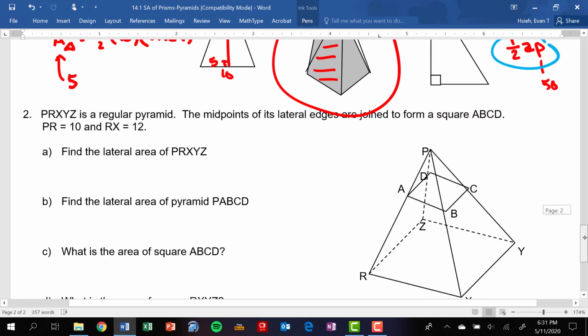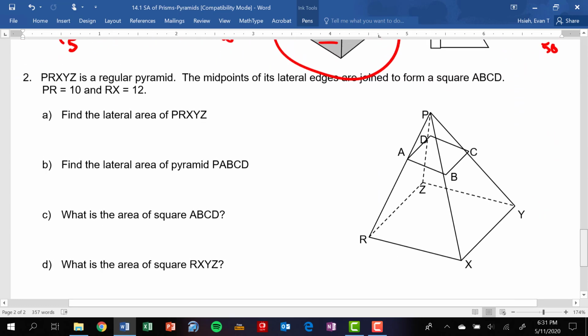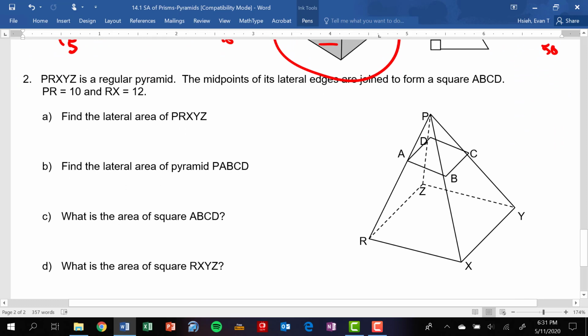Okay, let's try one more problem down here. I'm just going to pick at the easier parts of this thing here. You have the lateral area of the big pyramid. Let's just focus on that right now. I know that PR is 10 and RX is 12.